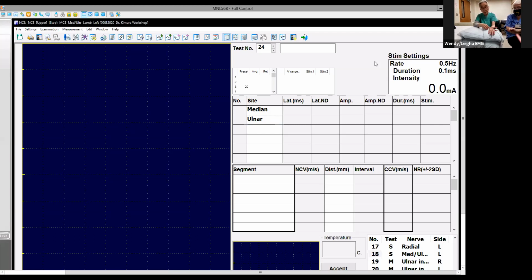Now, this electrode placement, which I hope you can see very well, the active electrode is placed on the lumbricalis. And there are 4 lumbricalis. First 2 innervated by median nerve, and the last 2 ulnar nerve. This is the second lumbricalis, so therefore it's a median nerve recording.